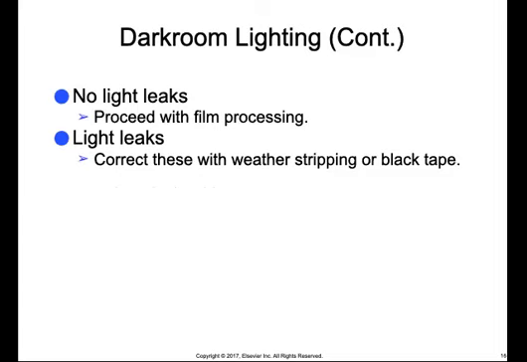If you have no light leaks, we can go ahead and proceed with film processing. If we see any light leaks, they'll probably be from the seams of the walls, the ceilings, or through the vents, or even the keyhole. If we see these types of things, we'll want to correct these either with weather stripping or black tape.